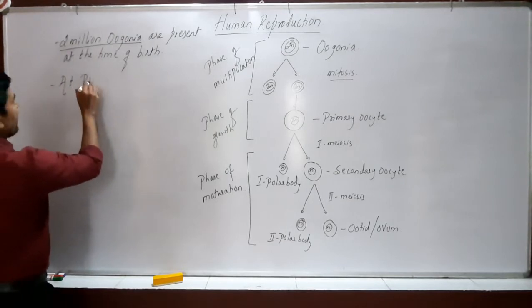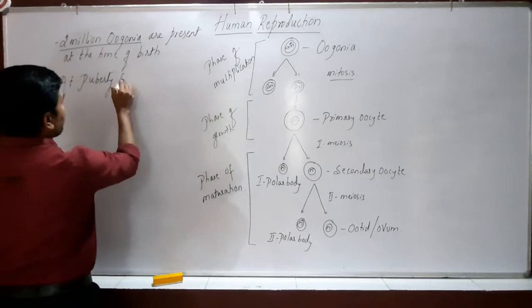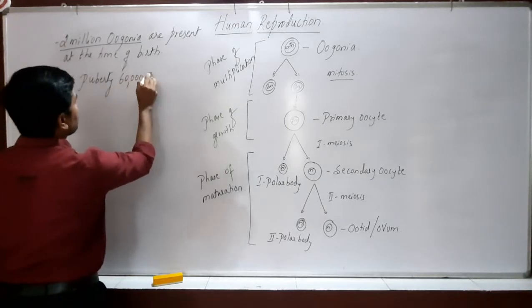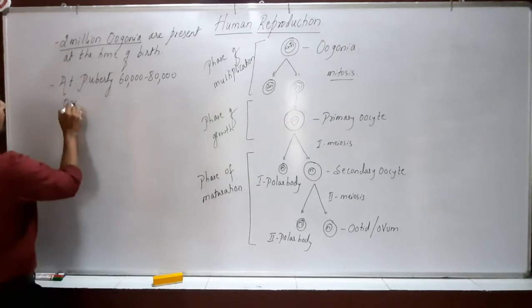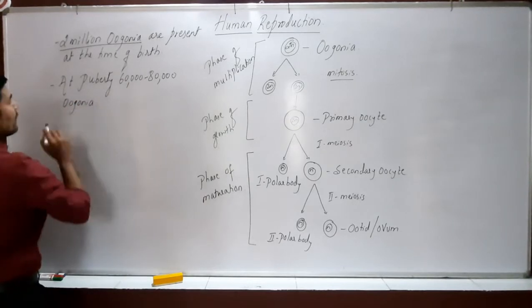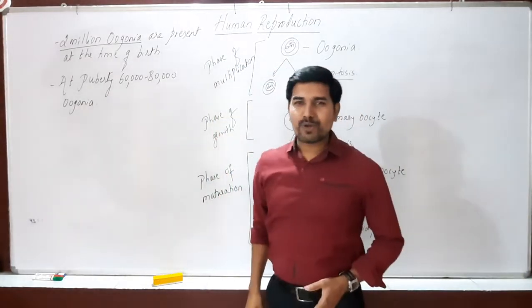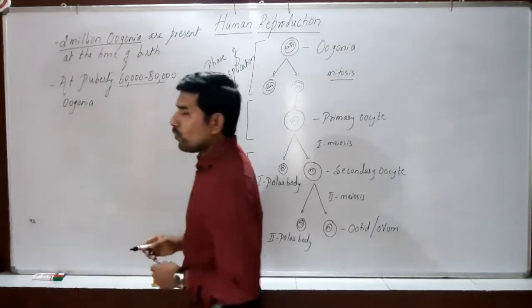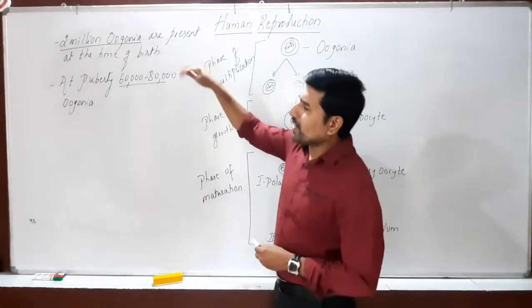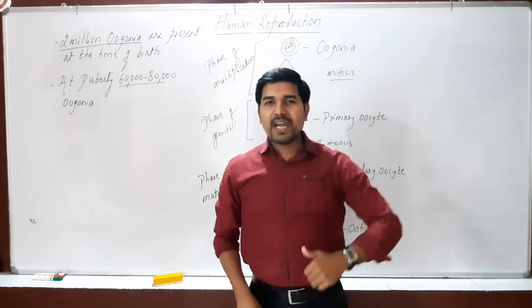So at puberty, 60,000 to 80,000 oogonia are present in the ovary of the female reproductive system. So look at the number. Then what happens to the rest of the oogonia? The rest of the oogonia get degenerated during the development of the baby to adulthood.